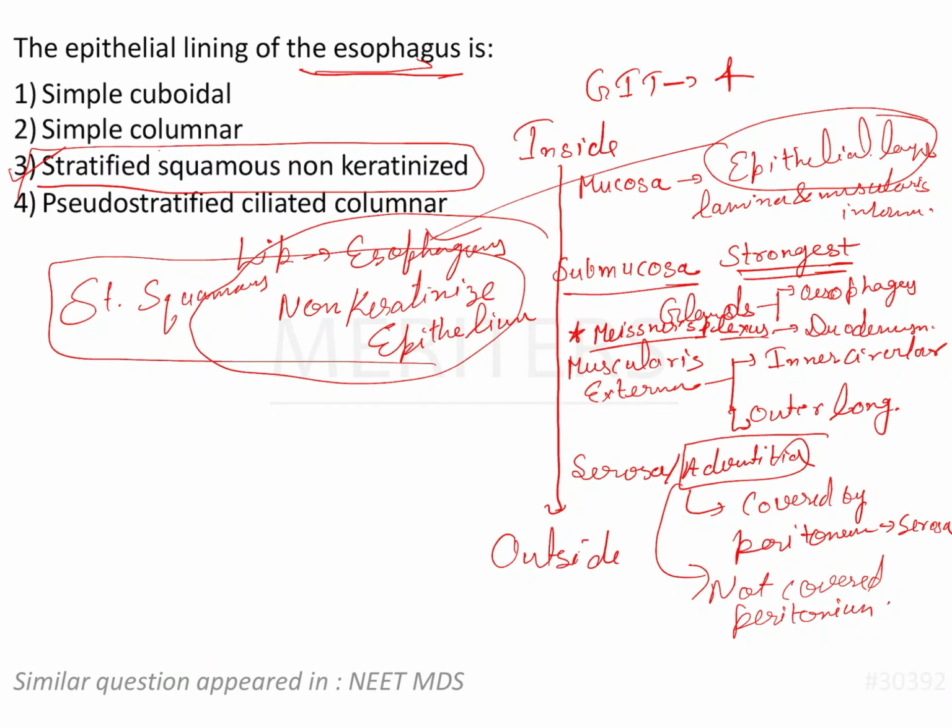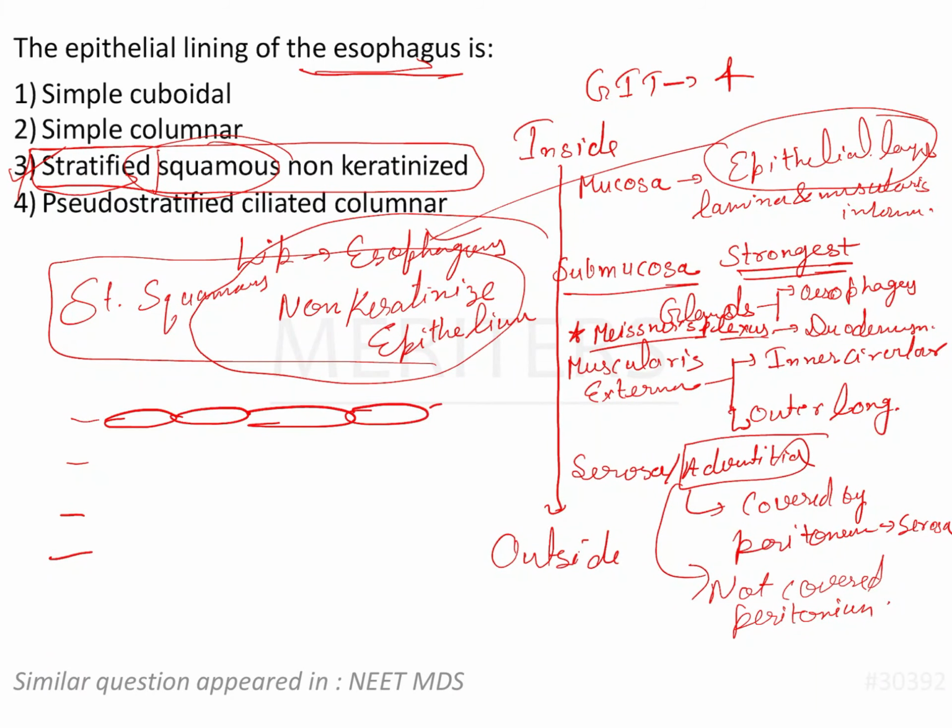Now I'll just give you a brief review about this kind of squamous epithelium also. Since it is written here as stratified, that means there are several strata, several levels of the epithelium, right? And it doesn't mean that if squamous is written here, the whole of the cells are going to be squamous, just the upper cells.